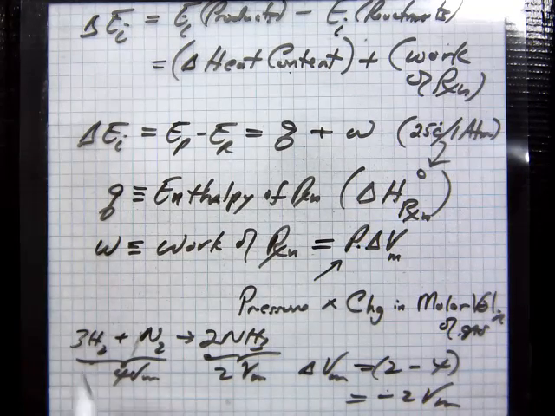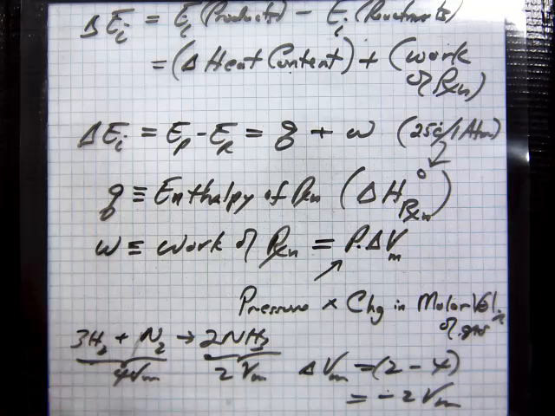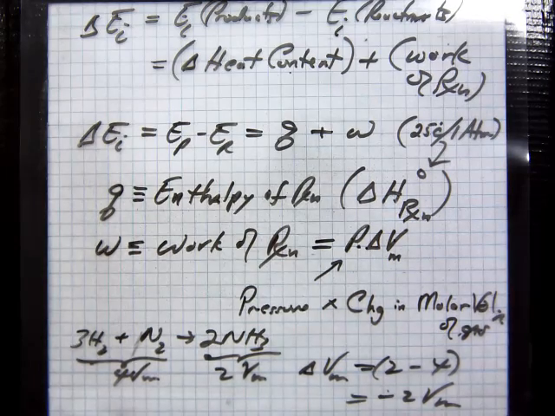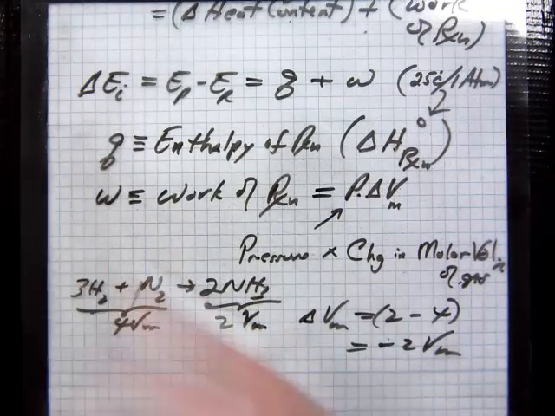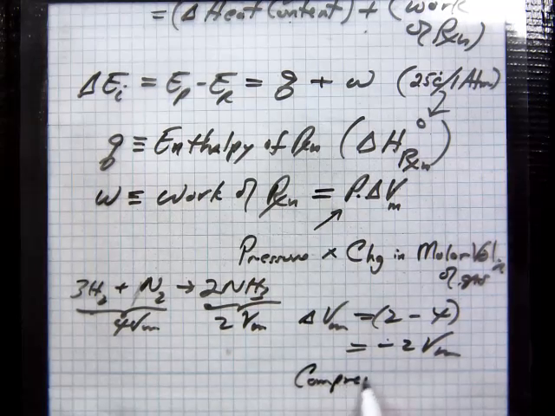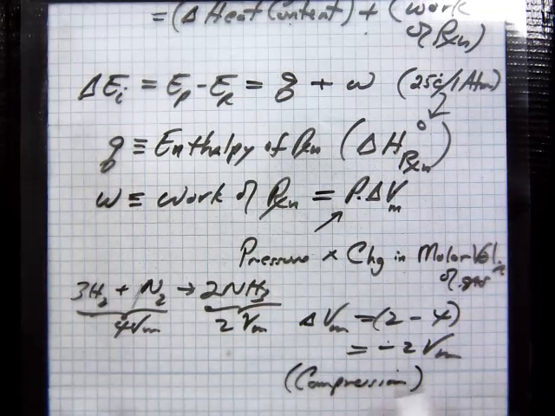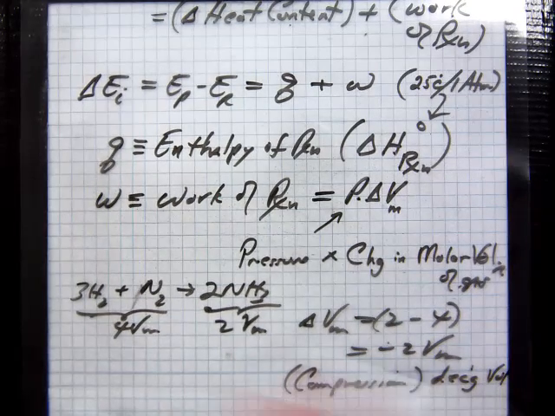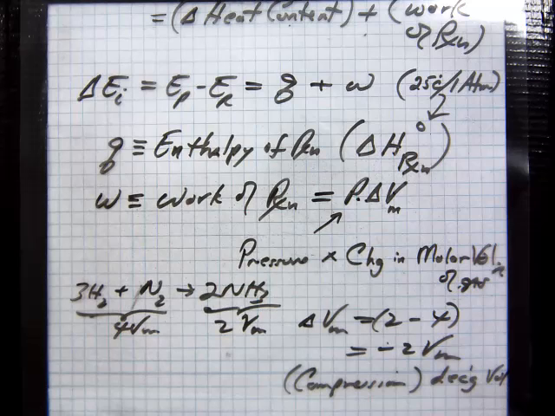So you just add up the gases on the reactant side, product side, take the difference, and that's your change in molar volume. Well, we'll get to that. That's called a compression reaction because you're decreasing the volumes. Going down. You came out with a positive over here, that's an expansion reaction.